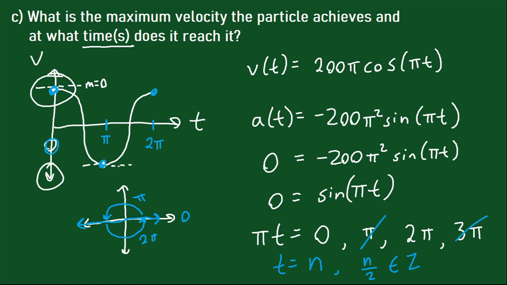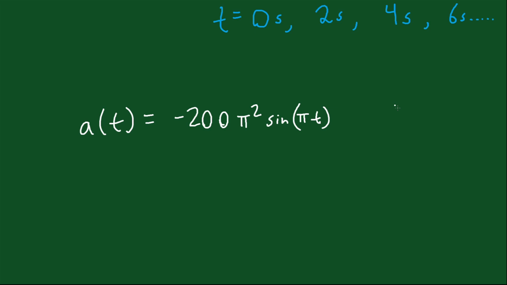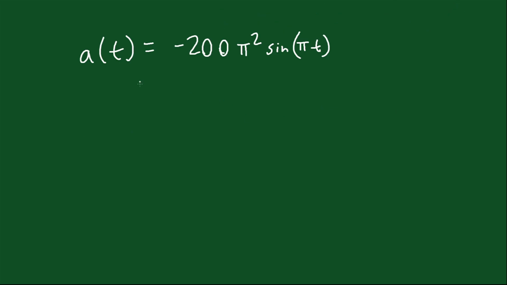We already know the answer. It's a maximum, right? Because we're familiar with what this shape looks like. But you might not always be familiar with what the shape looks like, right? Or you might forget. So what you can do is, after you take the derivative once and you get this, you can take the derivative again, a prime at t.